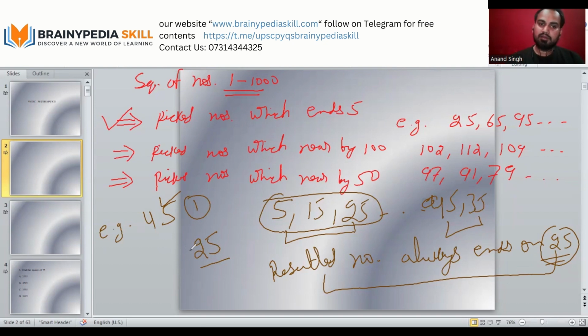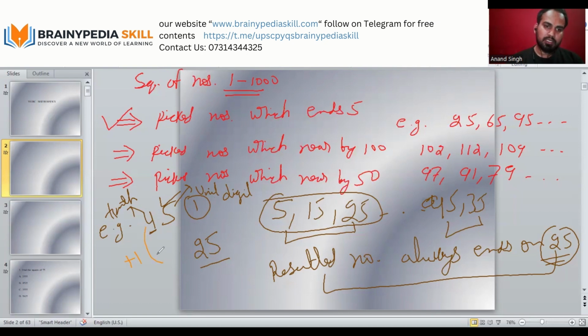For that, what you have to do is just pick the number which is present at the tens place. So this is the unit digit, and the number which is present here is the tens place digit. Just add 1 to this number.